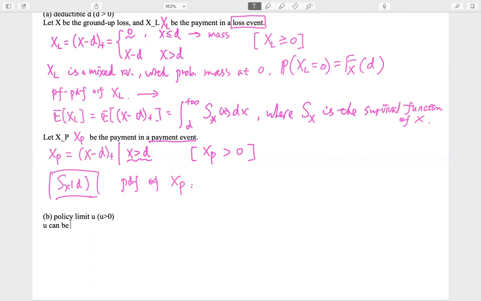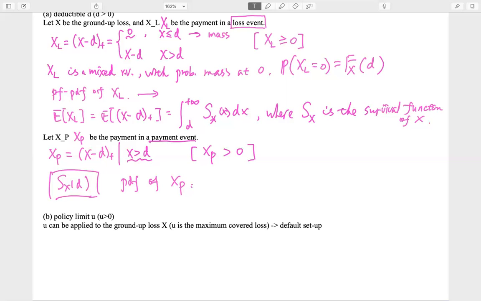U can be applied to the ground up loss. In this case, we call U the maximum covered loss. This is more likely the default setup for us. So usually when we talk about policy limit, it is applied to the ground up loss.